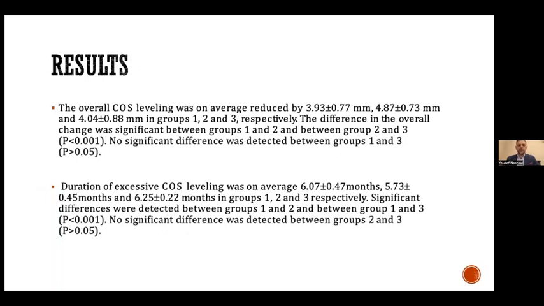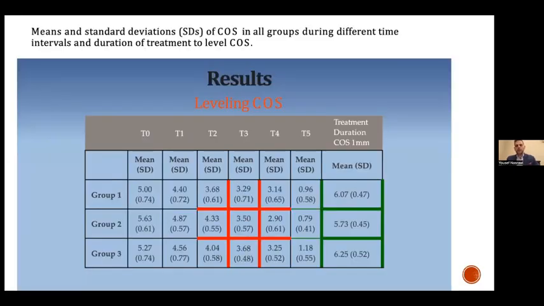No significant difference was detected between group 1 and 3. The duration of excessive curve of Spee leveling was on average 6 months for group 1, 5.7 for group 2, and 6.2 months for group 3. Significant differences were detected between group 1 and 2 and between group 1 and 3, and there was no significant difference between group 2 and 3.